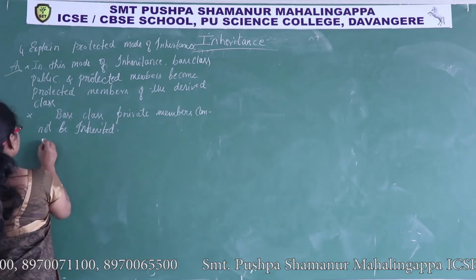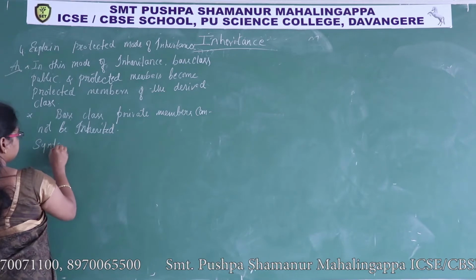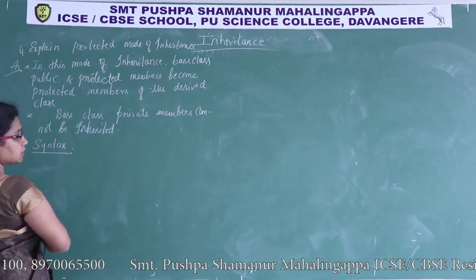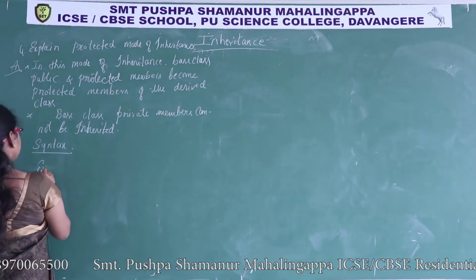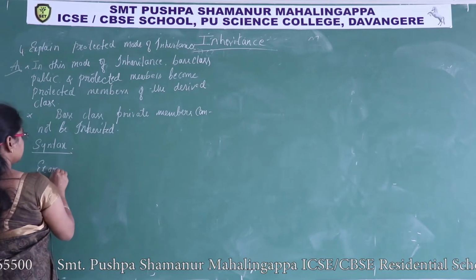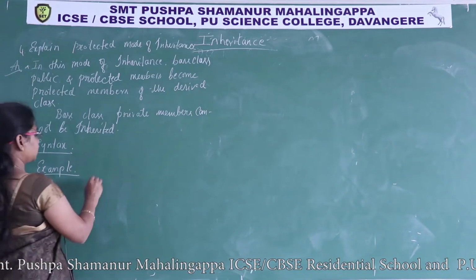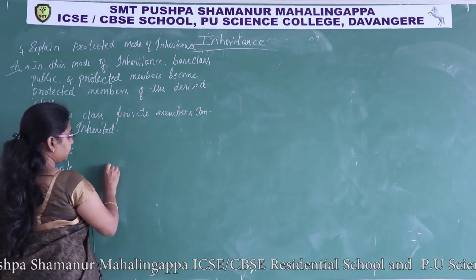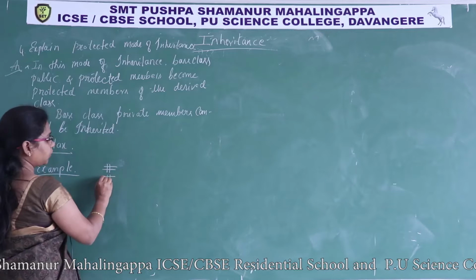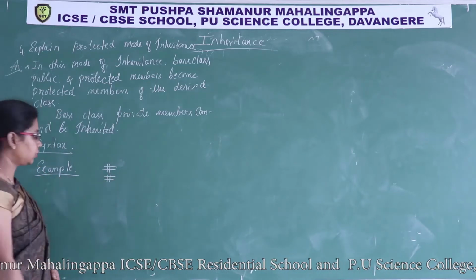Now syntax you must write. Already we discussed the syntax in the previous question. Now example, you can take a simple example on protected mode of inheritance. You must write the header files #include iostream.h, #include conio.h.